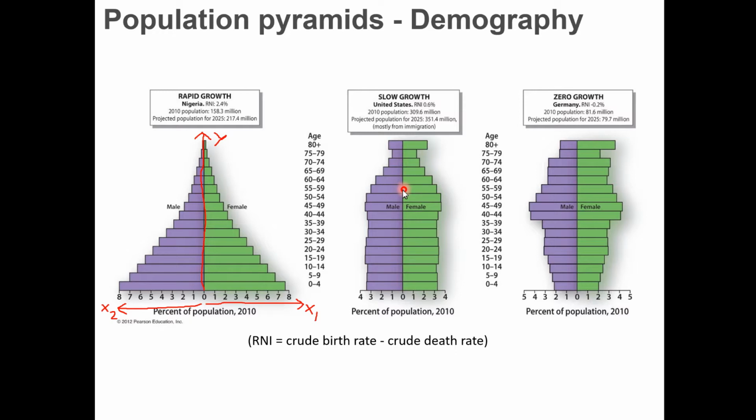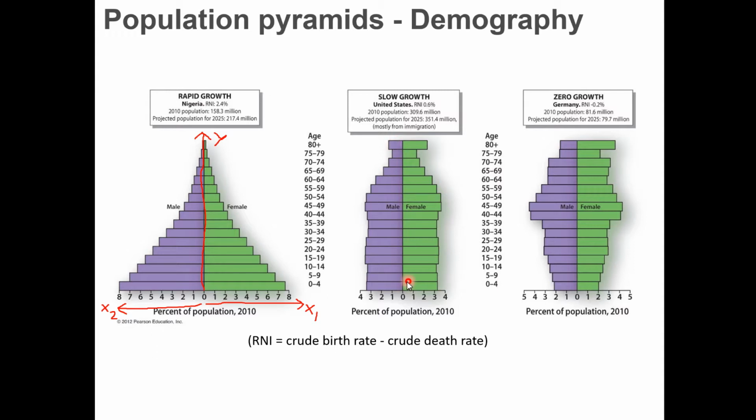So around 60, 64, we see the first sort of dying off generations, and slowly increasing up to this little bar, which is a little bit of an anomaly because we're including everything above 80, and as people live longer and longer, and we certainly see that women live longer than men here, this becomes a little bit exaggerated. It's really a tapering off all the way up to the absolute oldest people in the country.